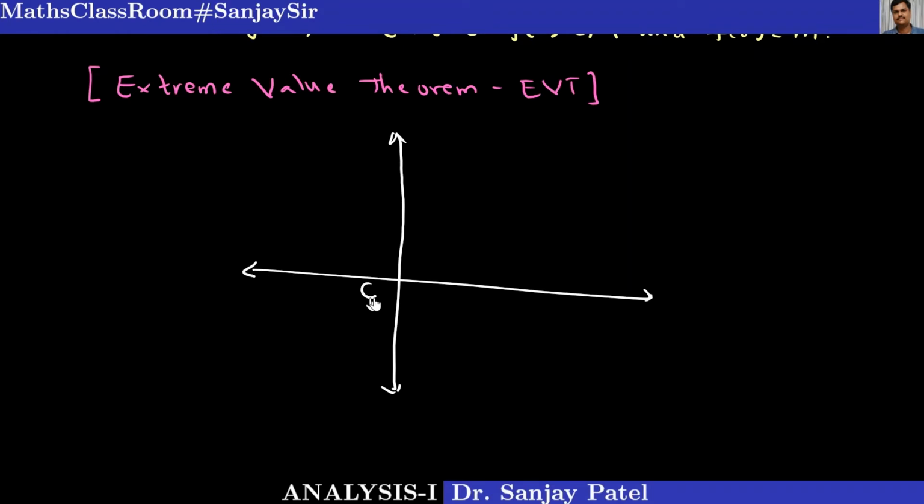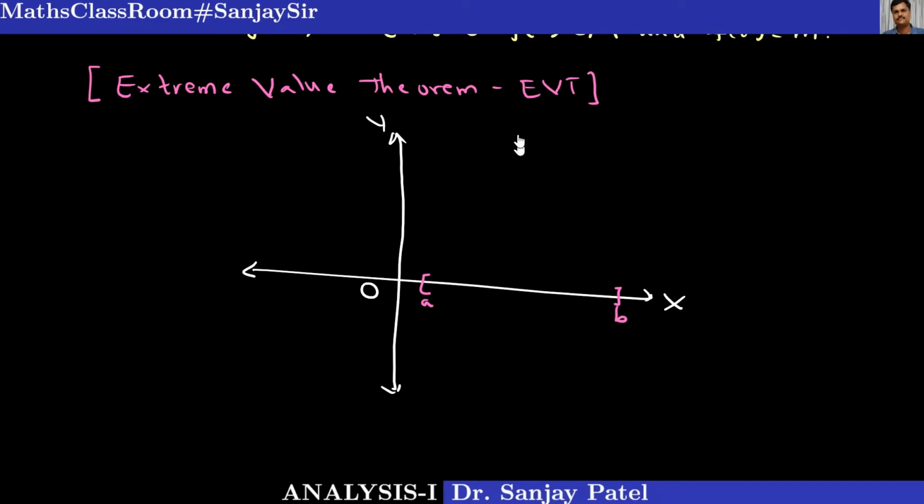This is say origin, x-axis and y-axis. And I will consider some continuous function on closed interval. I will try to draw a continuous function in some closed interval in this picture. So let me take some 2 points, say closed interval [a, b], like this. This is a, this is b.